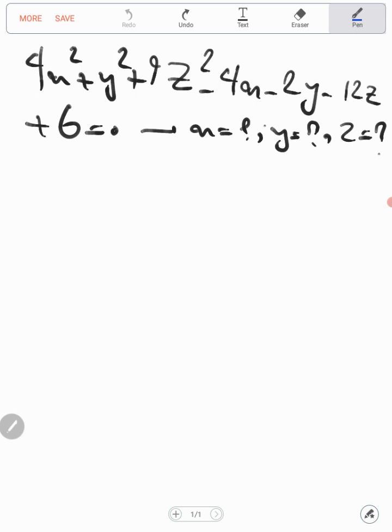Okay, let's get started putting similar variables together. I mean this with this, and this with this, and then this and this. So 4x squared minus 4x.